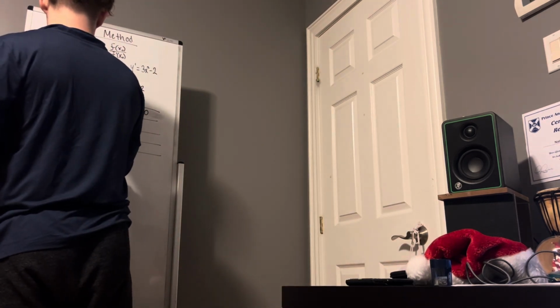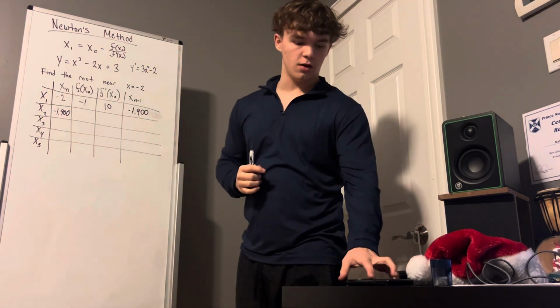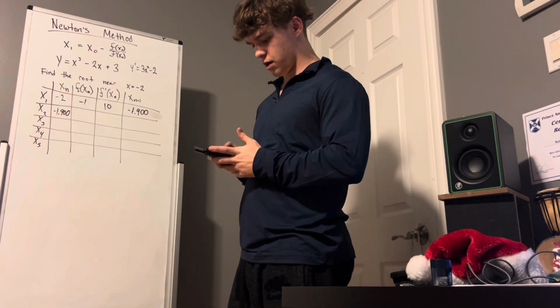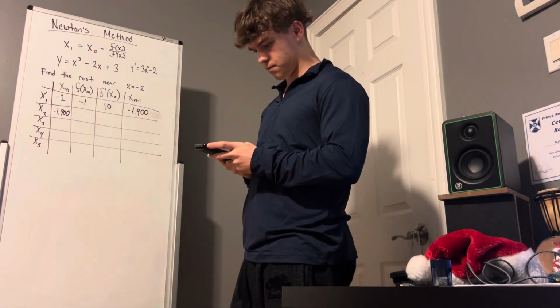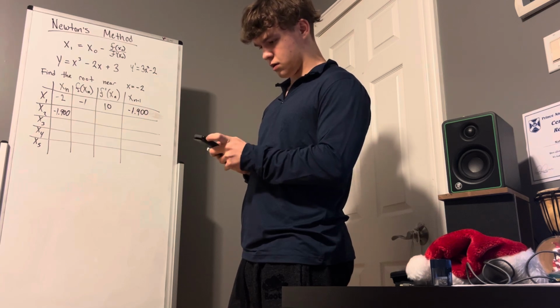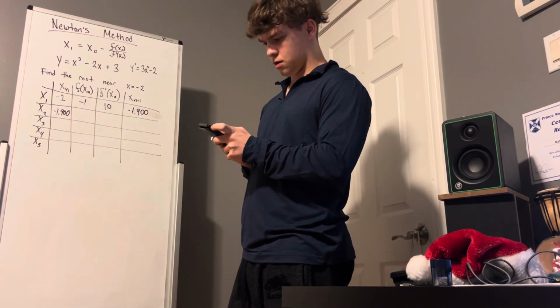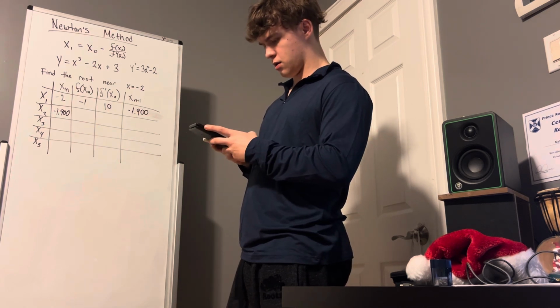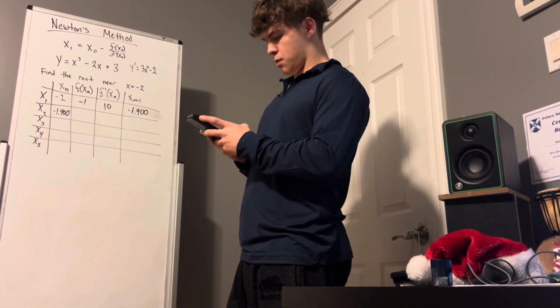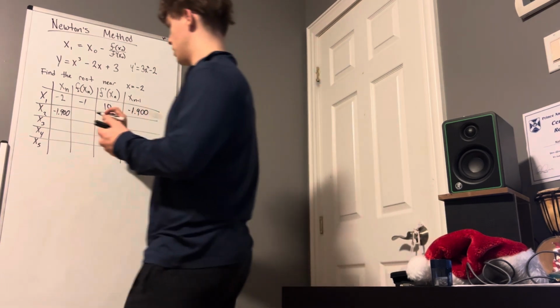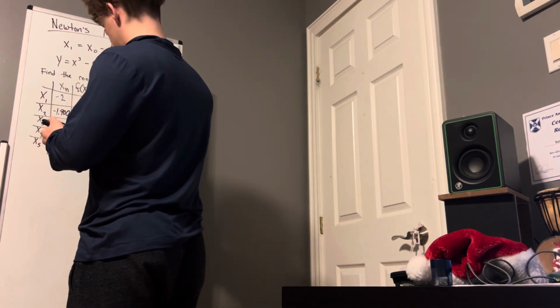So we're going to plug in -1.900. Now I'm going to use my calculator here. -1.900 cubed plus 2 times 1.9 plus 3 is going to be -0.059.